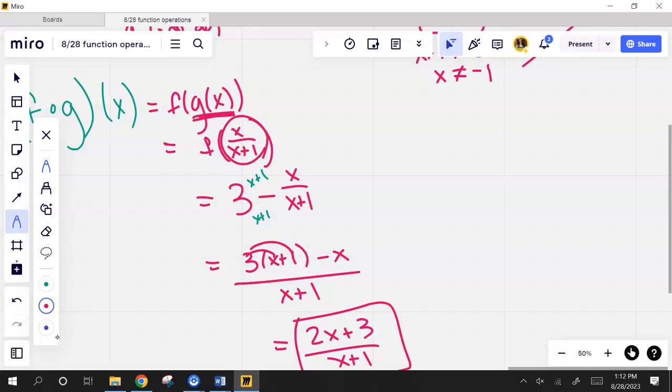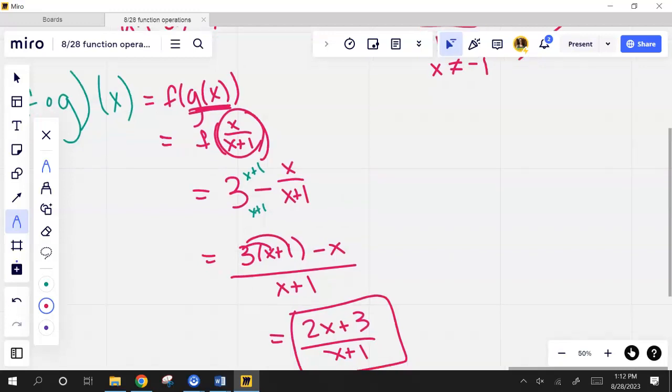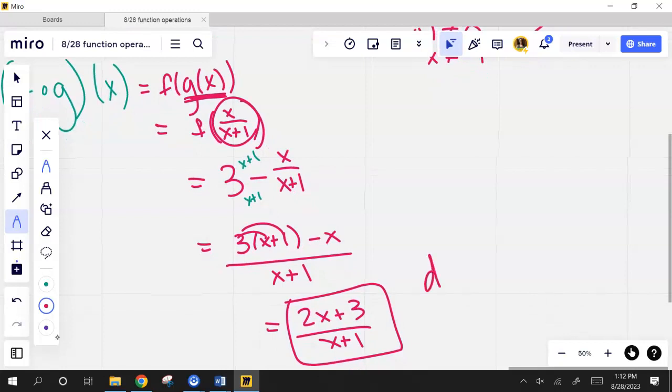That's the answer. That's the combined function. What is the domain? What's the combined domain?